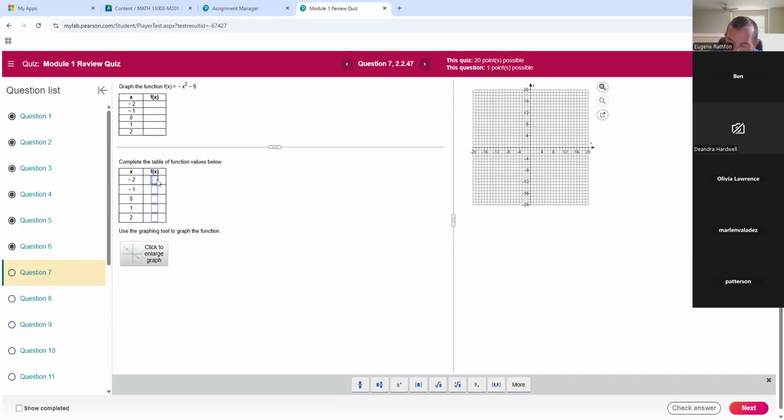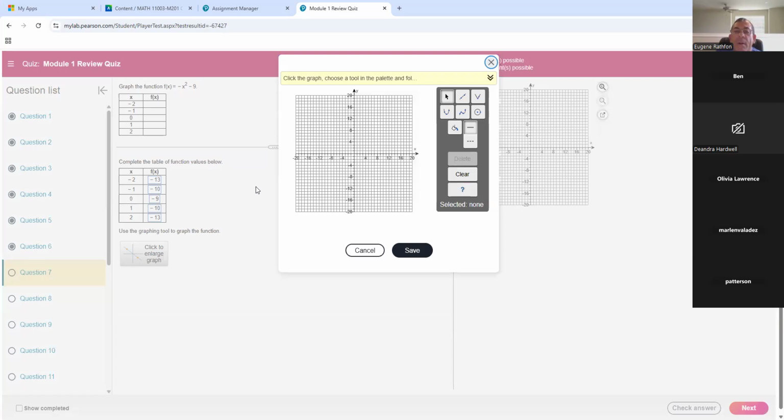All right, y'all, so I had -13, -10, -9, -10, and then -13. All right, then click the enlarge graph. Remember, it's the 3-point quadratic tool, so click that. And this one ain't picky.